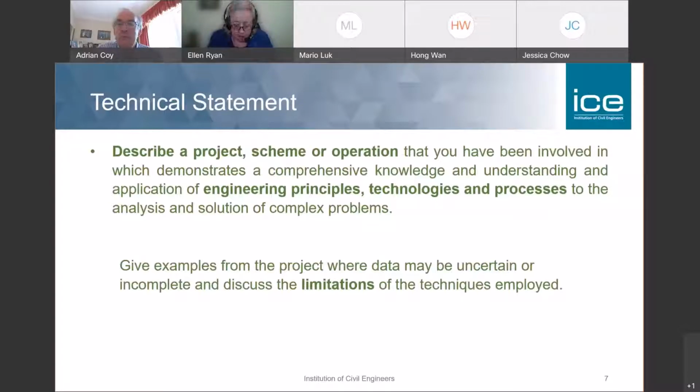This is a new part of the exam, and we will be using you as pilot candidates to actually test how this assessment of the technical statement works. So that's why we're in pilot for the first exam in Hong Kong, to allow us to test this element of the exam. Next slide, please, Jessica.